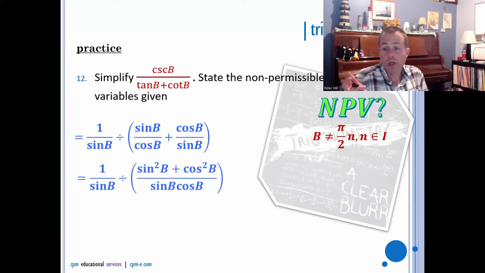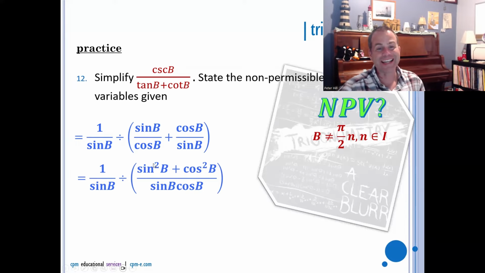Now, some of you are following along here and you're super excited and you're like, dude, sine squared b plus cos squared b is 1. And dude, you're right. Don't do it yet, okay? The general rule of thumb is if you do two things at the same time to the same item, you're not showing enough communication.